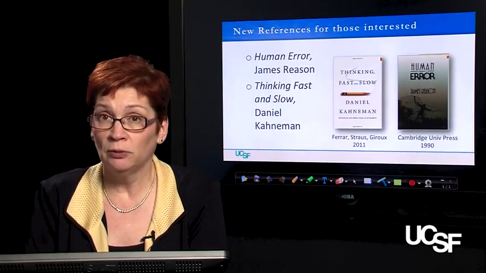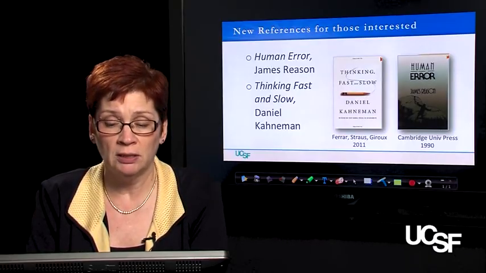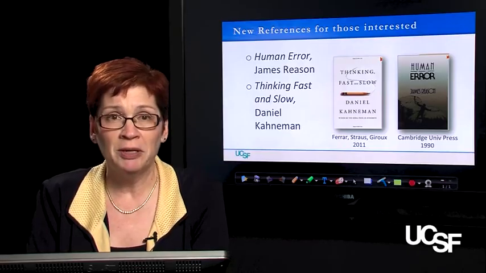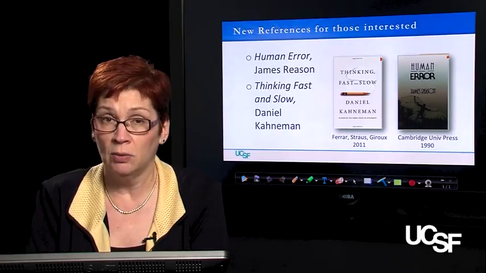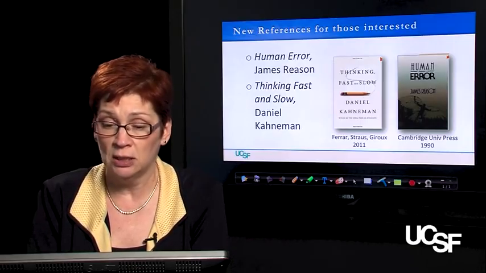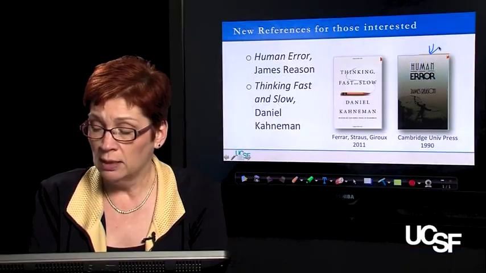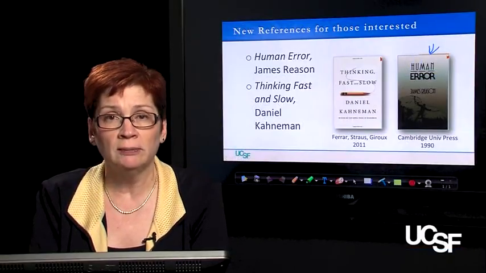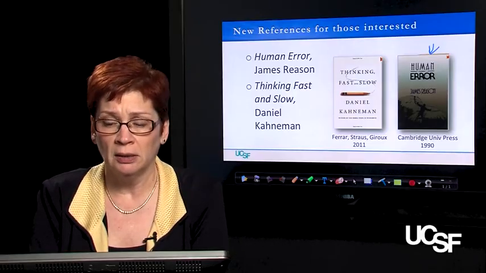There are 2 really terrific books for people who are interested in this work after reviewing this module. You don't need to read them in order to do the homework, but anyone who's got more than a passing interest in this might find these interesting. The first is a book known as Human Error. It was written about 20 years ago by James Reason, and really works through different causes of medical error.